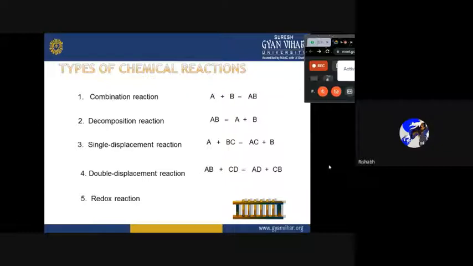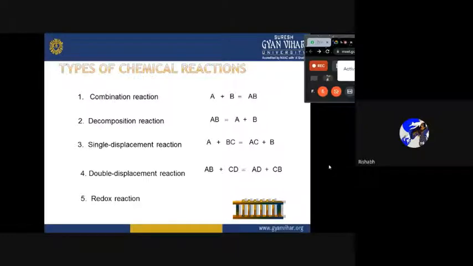Then comes the double displacement reaction. So here both the reactants that are reacting with each other are a compound of two elements. The first compound is AB and the second is CD.